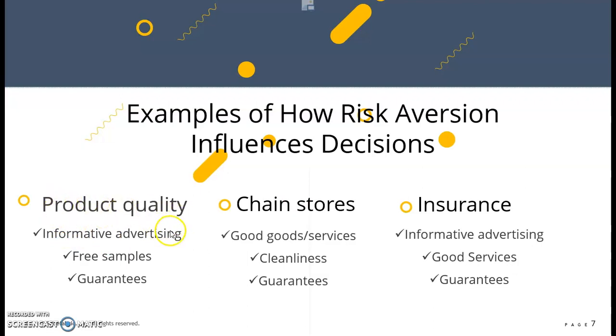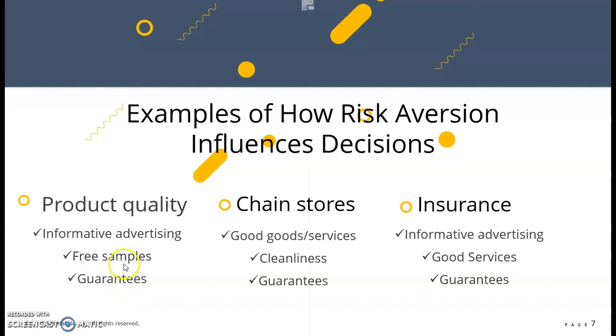A risk averse person will always think of the risk that he or she will face, so he or she will need informative advertising, from which he or she can decide on buying or investing in the market. He or she also needs free samples and a guarantee.